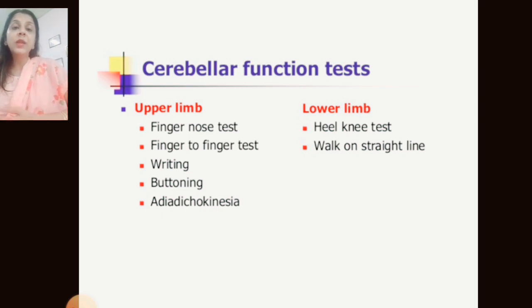In the lower limb, we have the heel to shin test, and walking on a straight line, sideways and backward. For that we must observe that the walk is smooth and the gait is accurate without any uncoordinated action. So we'll discuss them one by one.